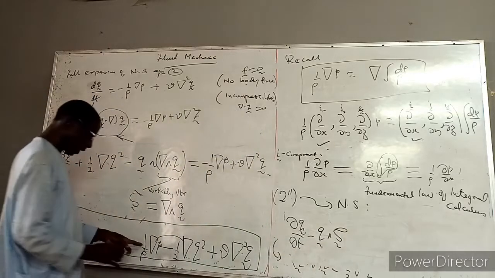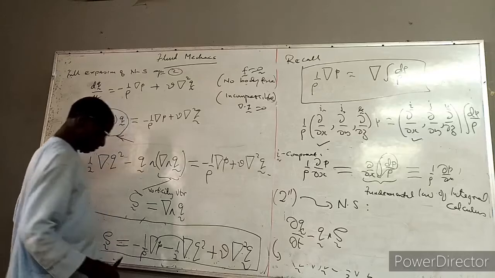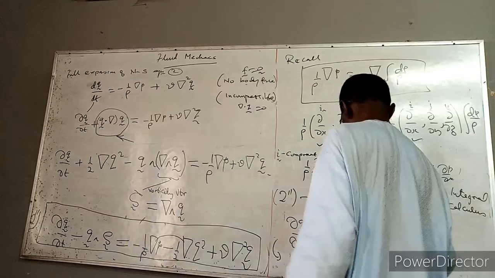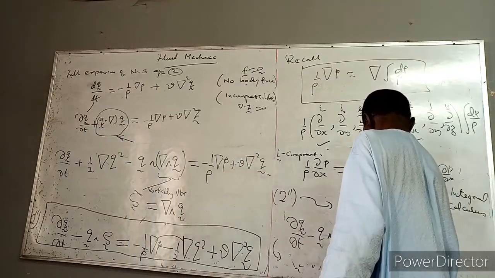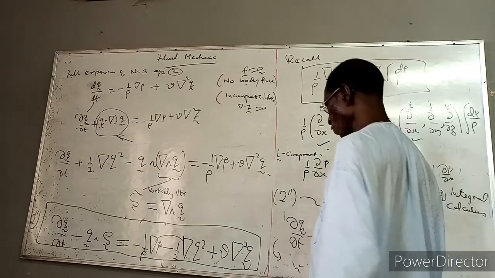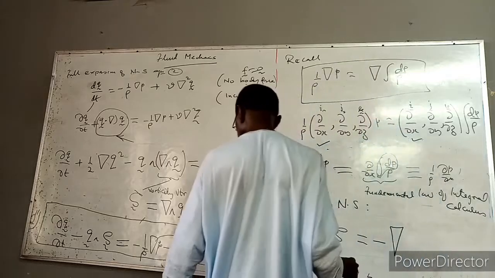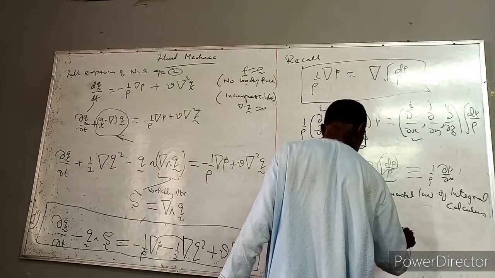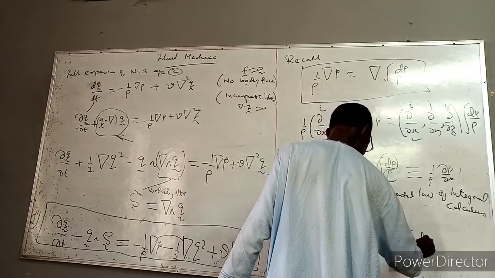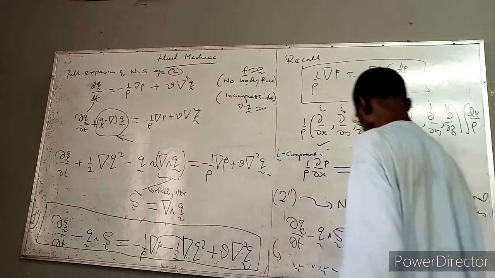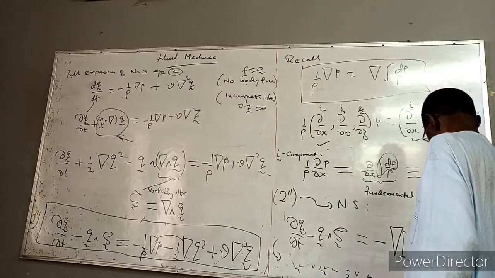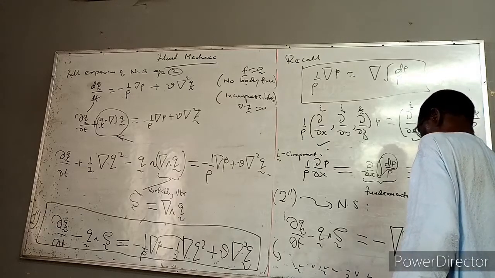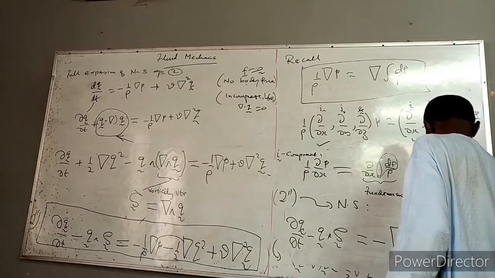I can link this together because I know that this can be written as this. So that is equal to minus grad of dP over rho, plus q squared upon 2, plus nu del square q.